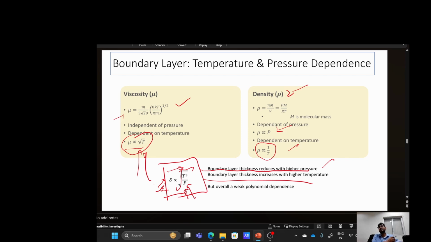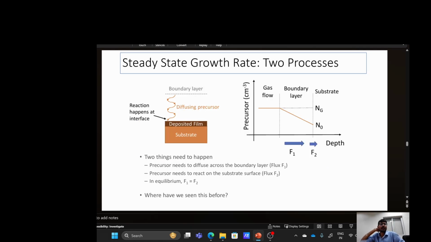We will come to that in subsequent slides, where our deposition rate is exponentially dependent on the temperature. So there is very weak dependence here. I'll go through a bit faster because there are only 20 minutes left.